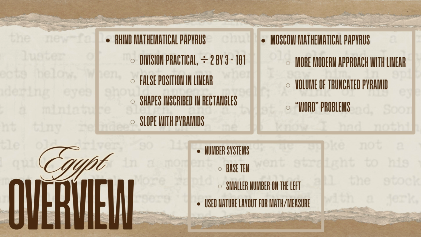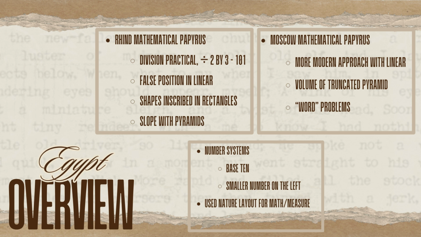Also, in this book, they divided 2 by every odd integer, like 3, 5, 7 to 101. For linear equations, they used more of a false position. It was common in that day, but it wasn't like our modern approach. It was, again, more practical.